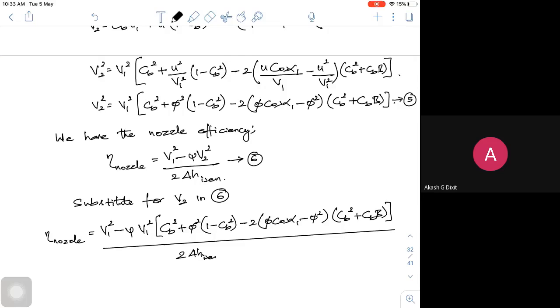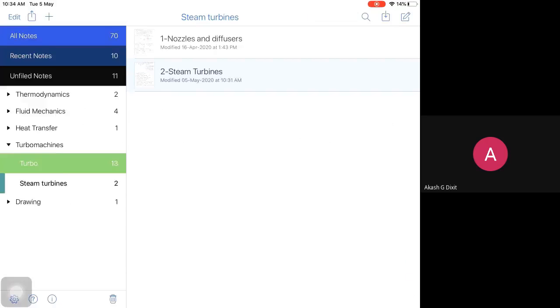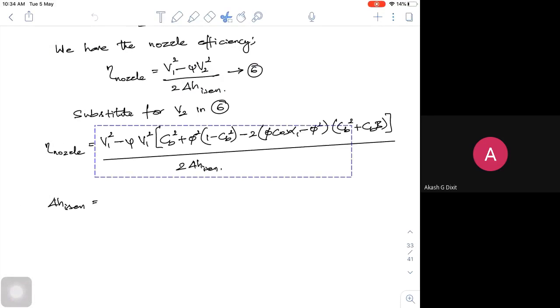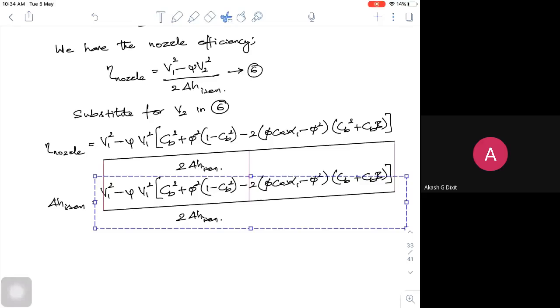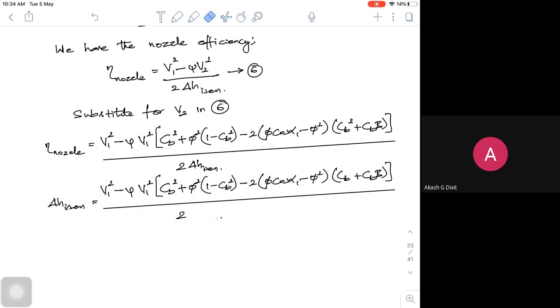enthalpy drop. Or if I do a cross multiplication, the isentropic enthalpy drop is equal to the same expression, whatever is there in the top, I can write it again, divided by 2 times your nozzle efficiency.